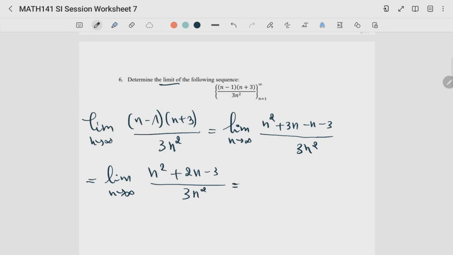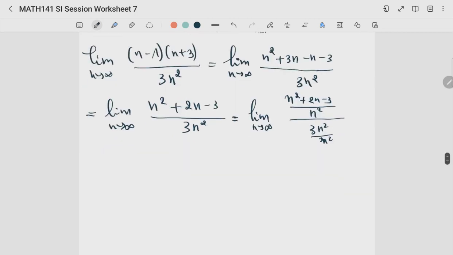So the highest order there is 2. So we have to divide by n squared in the numerator and denominator. So doing that, we have the limit as n tends to infinity of n squared plus 2n minus 3 divided by n squared, all divided by 3n squared divided by n squared, which gives us the limit as n tends to infinity of, in the denominator we have 3, the numerator we have 1 plus 2 over n minus 3 over n squared.